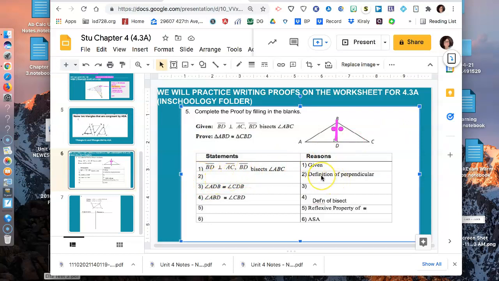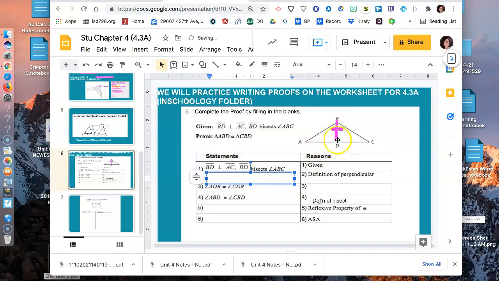What does it mean to be perpendicular? There's 2 ways you can do that. You can actually do it in 1 step if you want, but this one's in 2. If I've got a perpendicular line, it means that it hits it at right angles. So I know that angle ADB and angle CDB are right angles.